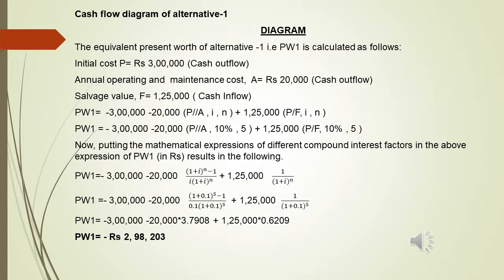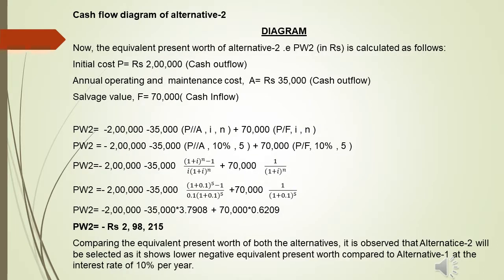Next, you have to find for the second alternative, that is PW2. The same procedure you will follow to solve the PW2 value. While calculating PW2, you have to draw the cash flow diagram for alternative 2.